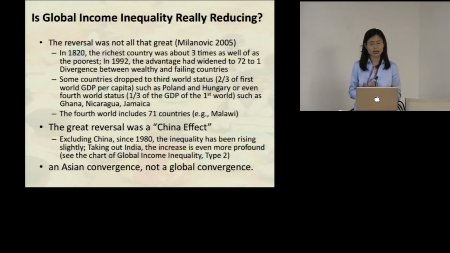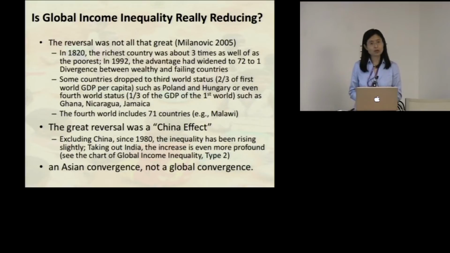Also, some countries have dropped to third world status, such as Poland and Hungary, and some countries even dropped to fourth world status, like Jamaica and Ghana. The fourth world countries include 71 countries. You cannot say this kind of world is equal.